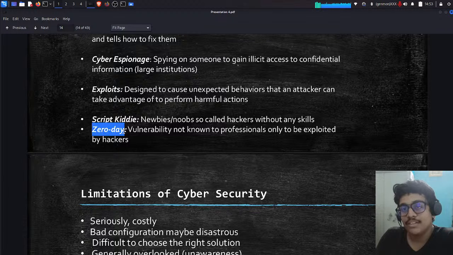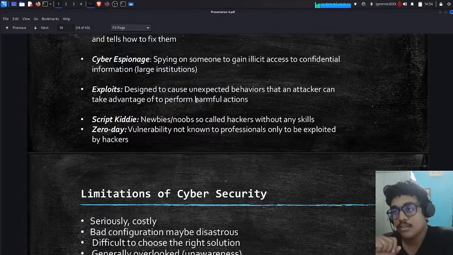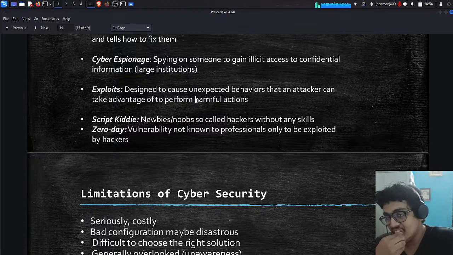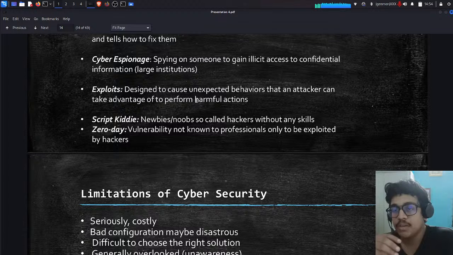So zero day is a very interesting term. Zero day is known as a vulnerability not known to professionals, only to be exploited by hackers. There can exist a vulnerability that is still not patched, but hackers can still exploit it.